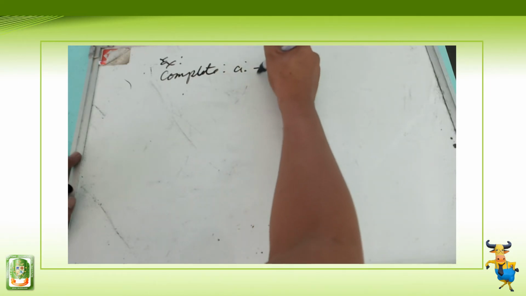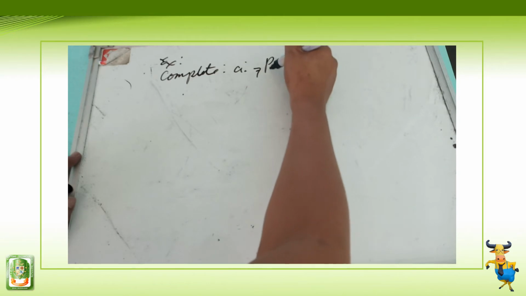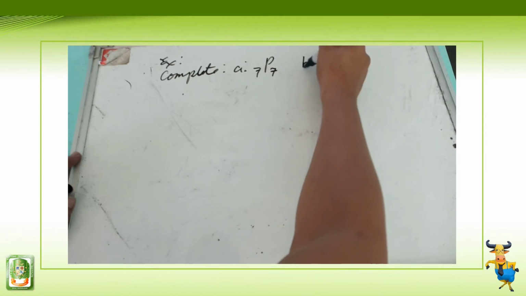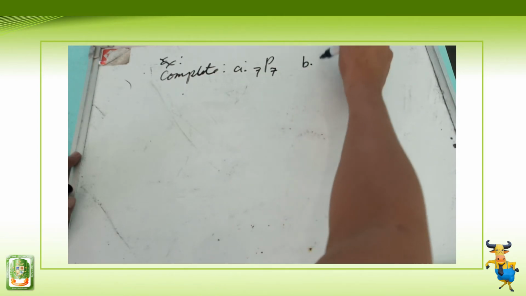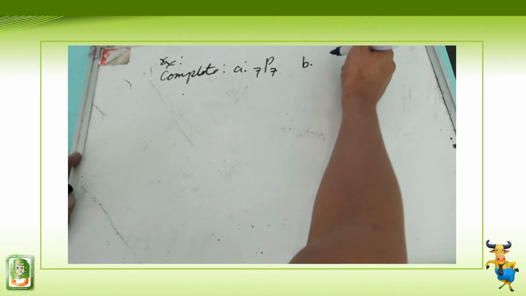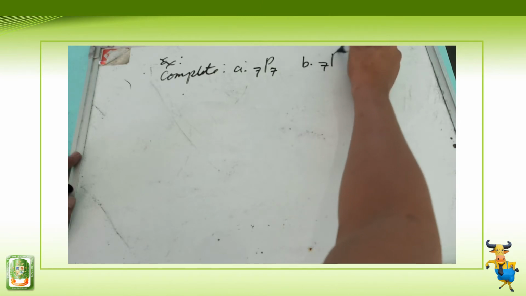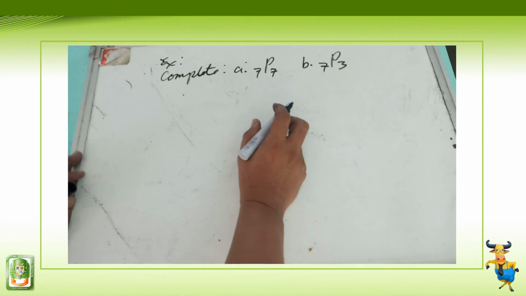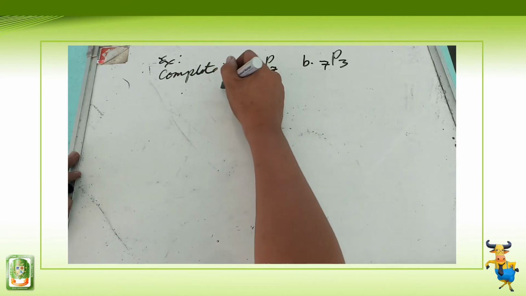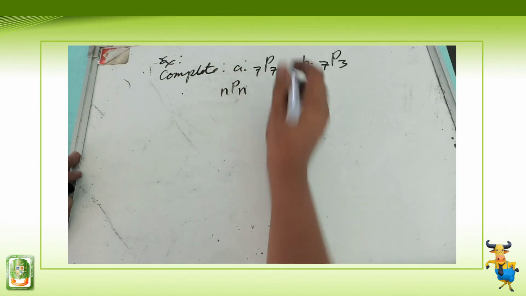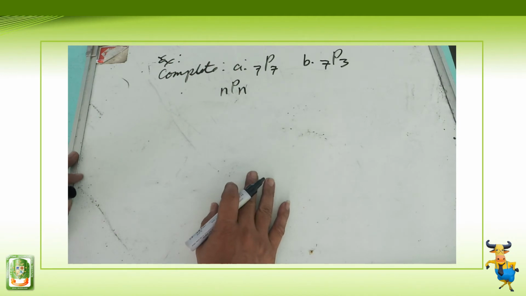Compute letter A, 7 things taken 7 at a time, and letter B, 7 taken 3 at a time. So, we're going to use the formula of nPr. Gagamitin natin ang permutation na yan.